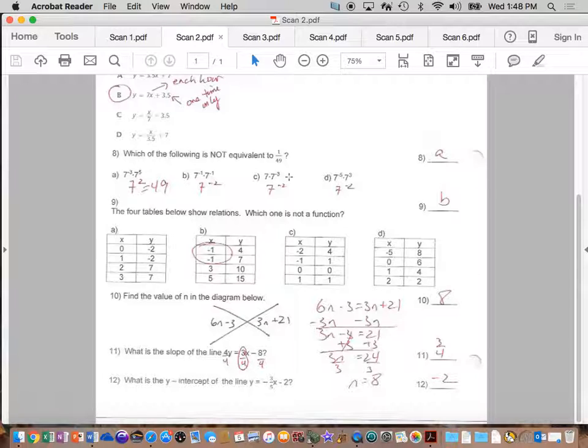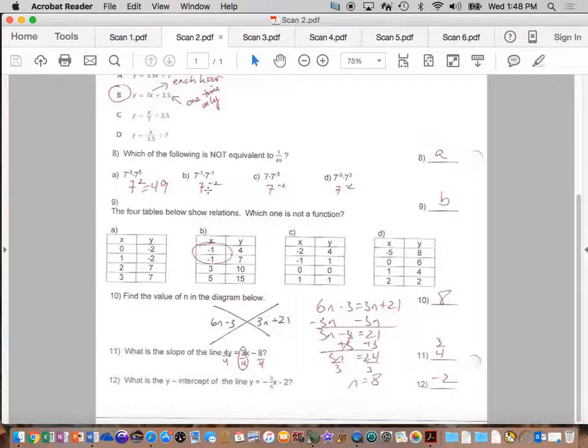Number 8. Which of the following is not equivalent to 1/49? Now, I want to look at this from two perspectives. Let's say you weren't sure, but you realize they all kind of look alike, and you should use the laws of exponents, right? And the laws of exponents are that we add the exponents. So if I do that, the first one works out to be 7 squared.